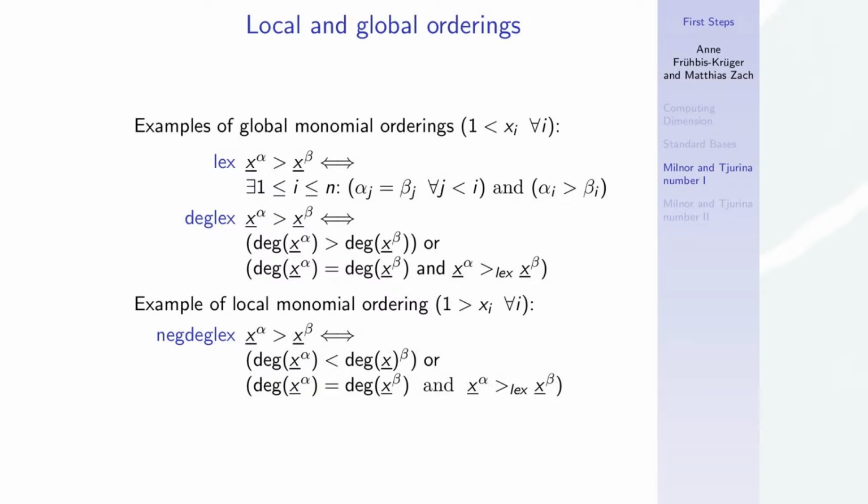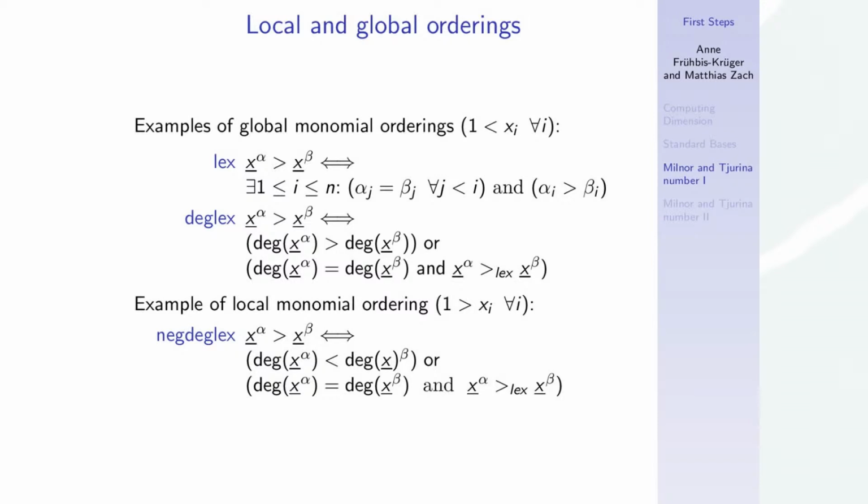If, however, we are in the situation that 1 is the largest monomial, that is, 1 is larger than any variable xi, then we call a monomial ordering local. And computing in this ordering will mean that we compute in a localization of the polynomial ring at the origin.